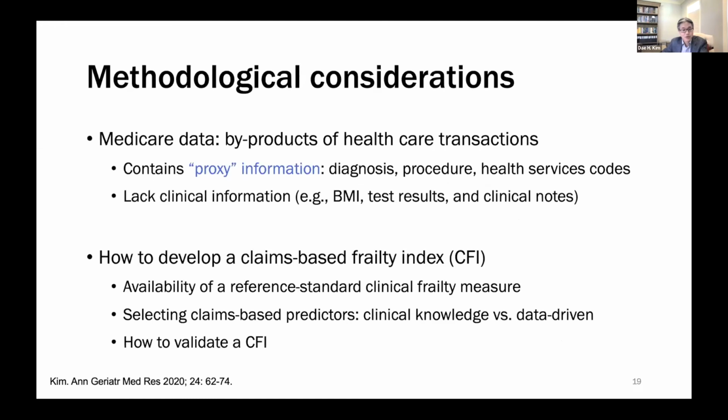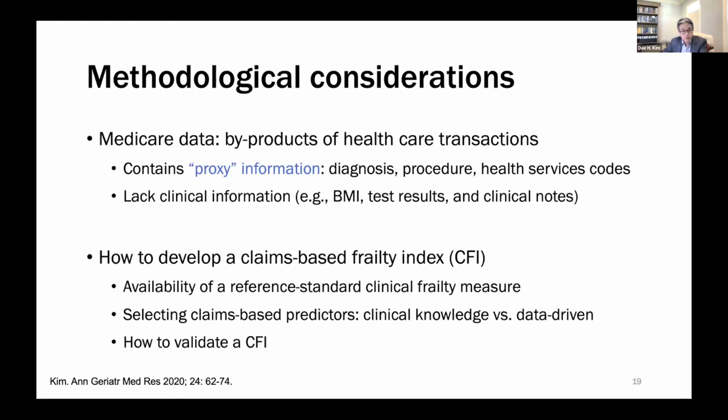In developing a frailty index from claims data, there are a few methodological considerations. Since Medicare data were generated from healthcare transactions, clinical information is missing, but it contains a lot of proxy information from diagnosis, procedure, and health services codes.